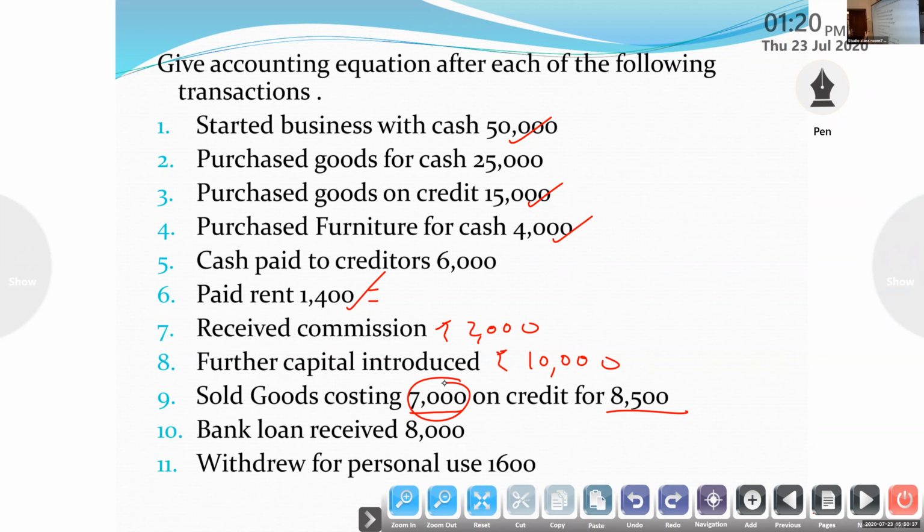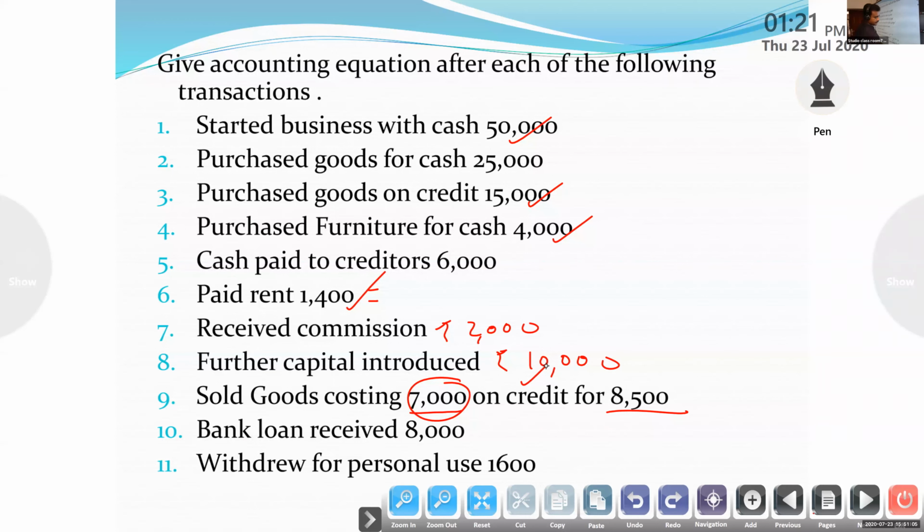So in this case, first you have to look whether we have any profit or loss. If any profit is there, you have to add with the capital. If any loss is there, you have to subtract from capital.